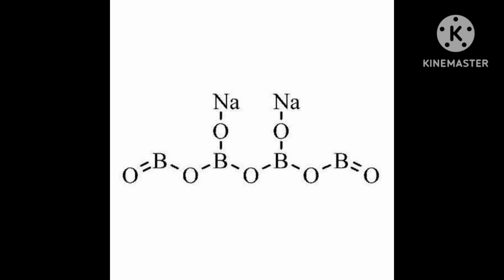Here B and N behave the same way, with alternate B and N bonds, behaving just like carbon. Six carbon equals 3B and 3N. The behavior is the same, so B3N3H6 is known as inorganic benzene, also called borazine.